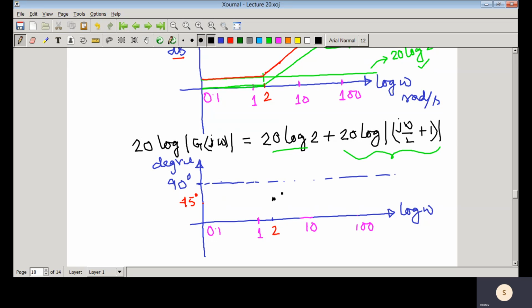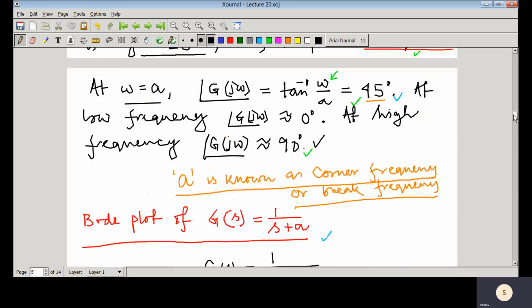So now, as we have seen, the slope is 45 degree per decade. Whenever you have a factor s plus a, let us see once again.